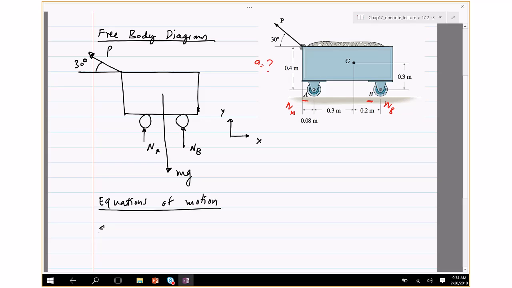So F equals ma in the x direction. So all the force in the x direction. What's the force due to P? Is it P cosine or P sine 30? P cosine, right? If you want the force in the x direction, it's P cosine 30.